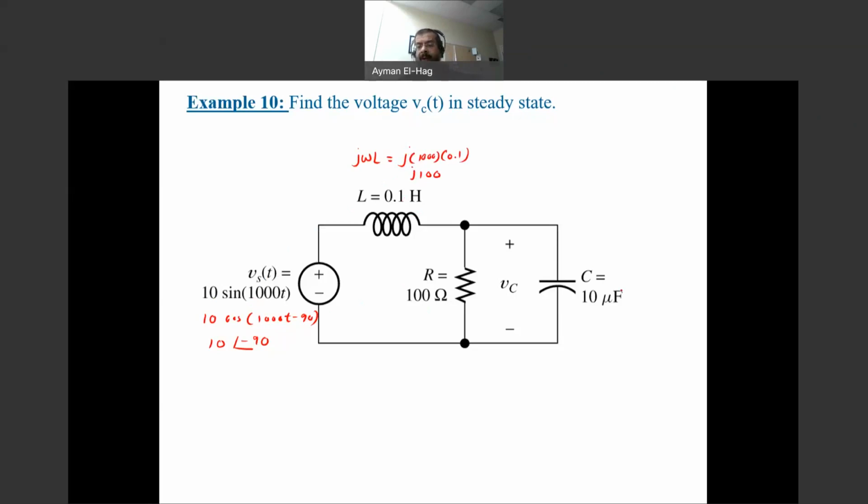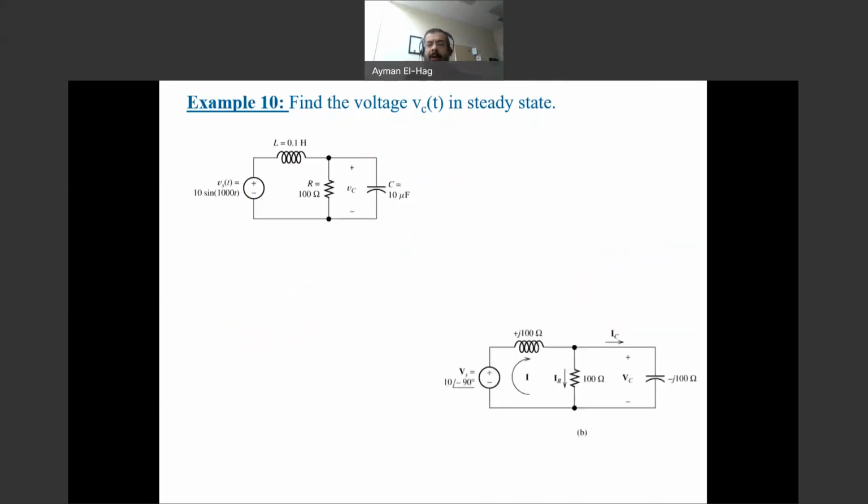Finally the capacitor is minus j over omega C, which is equal to minus j divided by omega, which is 1000, times C, which is 10 times 10 to the minus 6, because we have to convert the microfarad into farad, and this is equal to minus j100. With this, we are done.